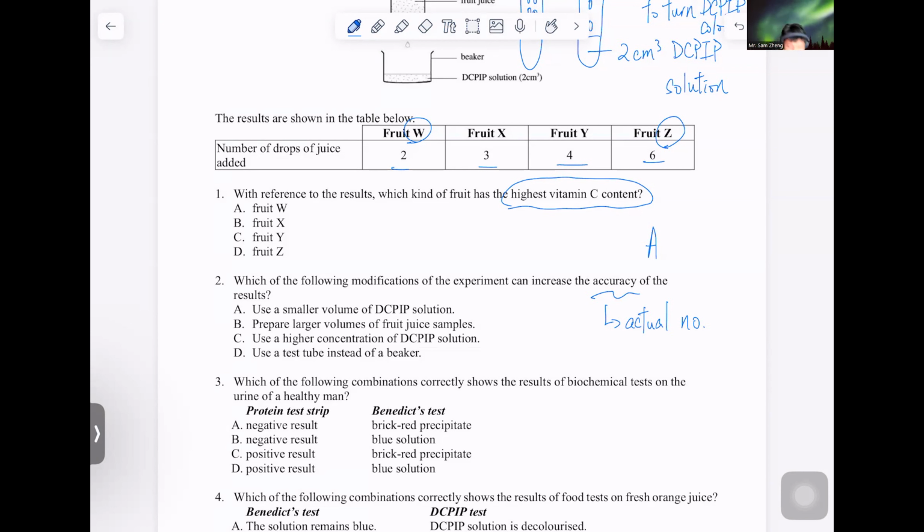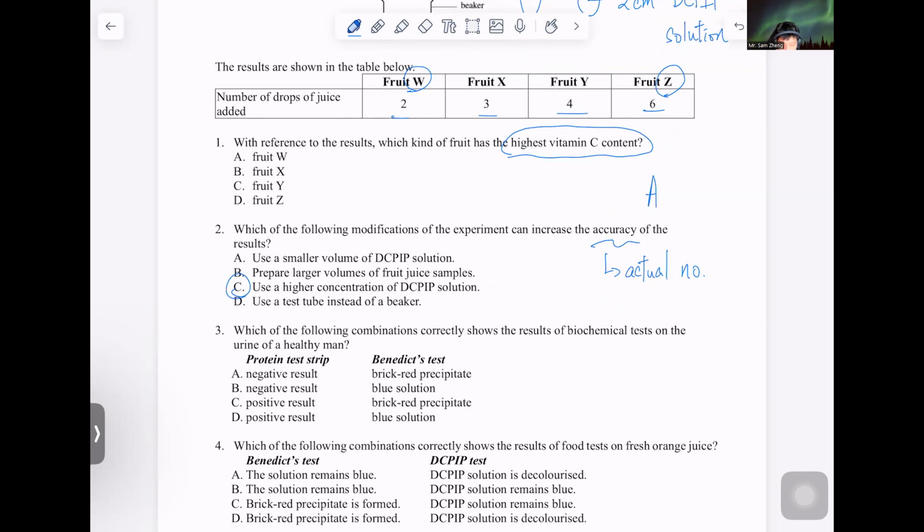Then in this case, in order for us to get the actual number, we will use a higher concentration of DCPIP solution so that there is less water. So less water will not dilute our sample. In this case, we can get the actual value, okay? So you can think of it in this way.